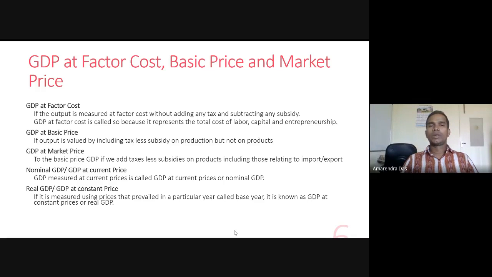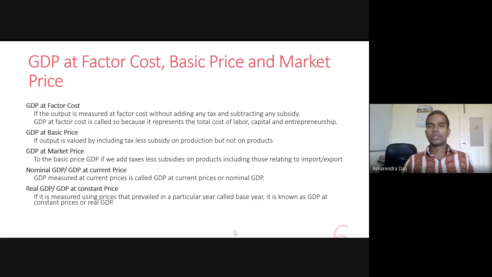And remember, when we are comparing GDP over a time period, we can only compare if it is adjusted for inflation. When we are comparing the growth rate of GDP from 1950 to 2020, we should compare only the constant GDP. We should not estimate the growth rate using the nominal GDP.